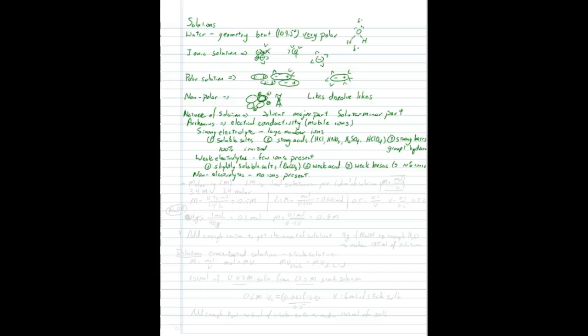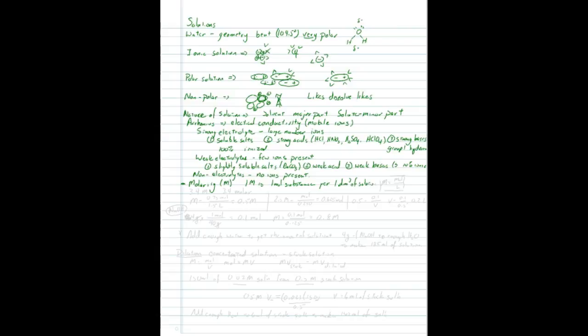Concentrations of solutions. We talk about molarity. Chemists do most of the time talk about molarity, I'm talking about as opposed to biologists. A 1 molar solution is defined as 1 mole of the substance dissolved in 1 cubic decimeter, or 1 liter, of solution.